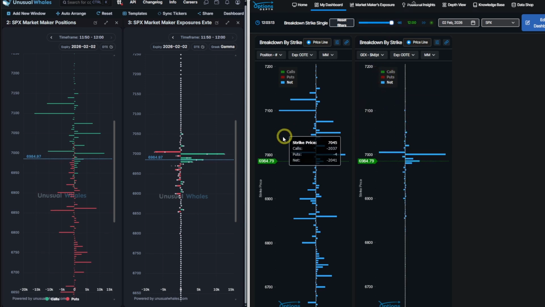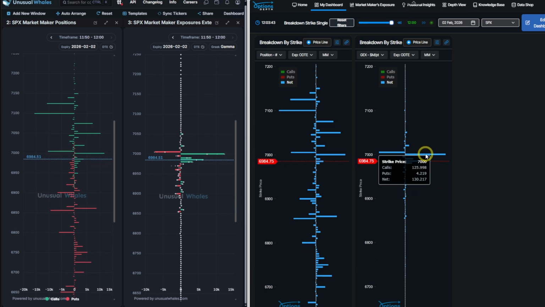Unusual Whales looks like it's just net for the gamma. So when you put it in the net view, you can see a larger bar surrounded by two smaller bars. Same thing over here. If you look at the overall look of these two charts, you'll see they have a similar look. The actual numbers are different. Here's a 7,000 strike.